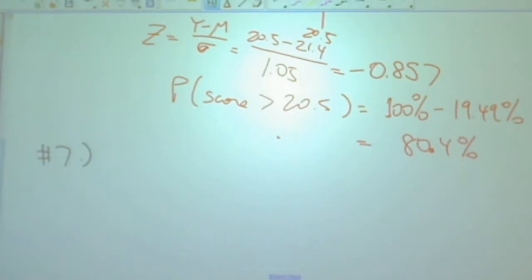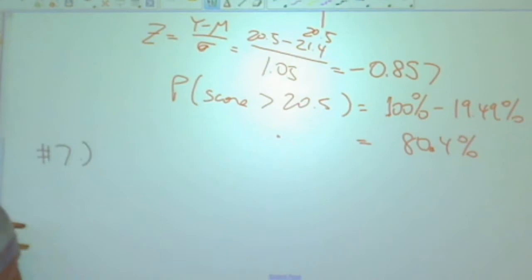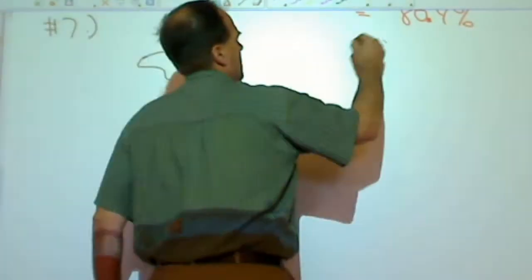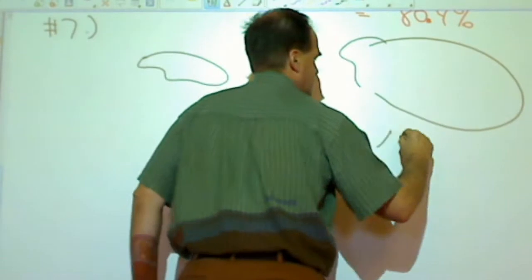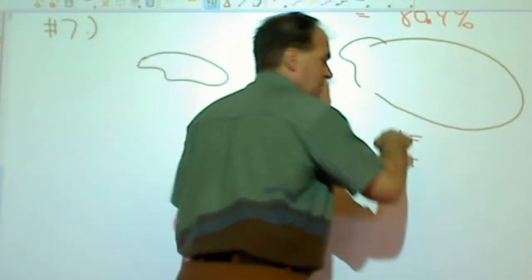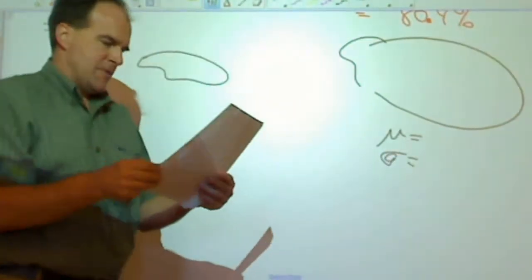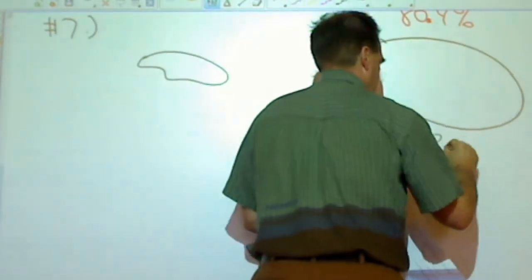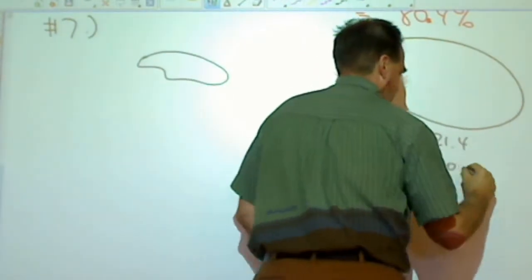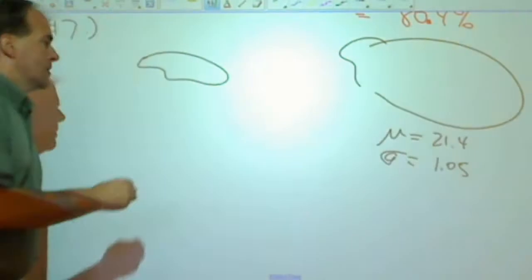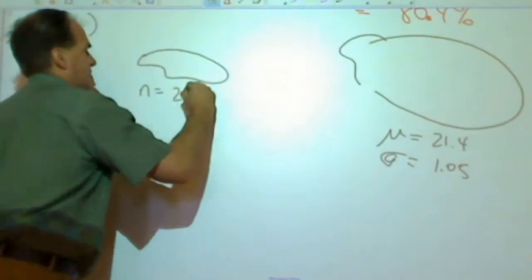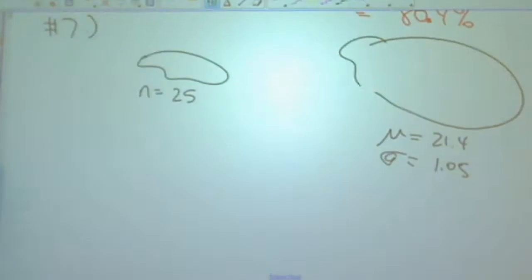Now we're getting into sampling models. So when I'm drawing these bubbles, I'm still going to use the same population data they gave me above. Okay, but we're now taking a sample of 25 students.